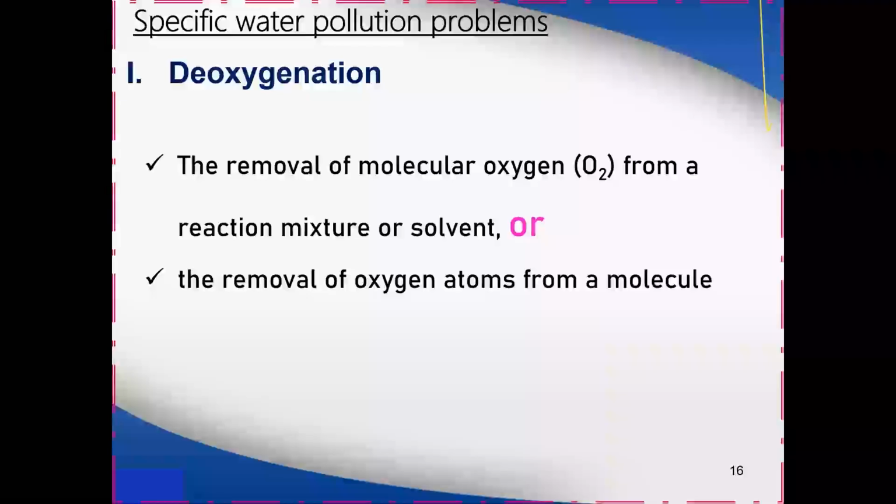Like I said, deoxygenation is the removal of molecular oxygen from a reaction mixture or solvent. I mentioned that if we remove this oxygen, what it does is that it prevents rusting of the equipment, because the equipment you use in these industries are very expensive, and if they are expensive, they would definitely be protected.